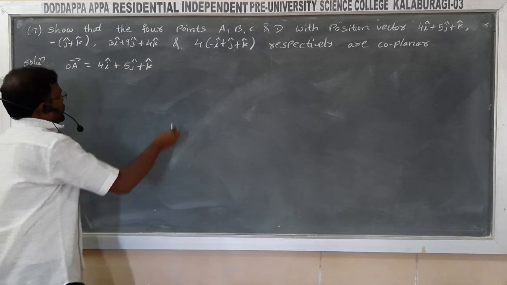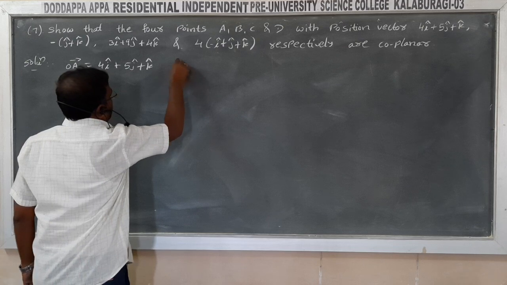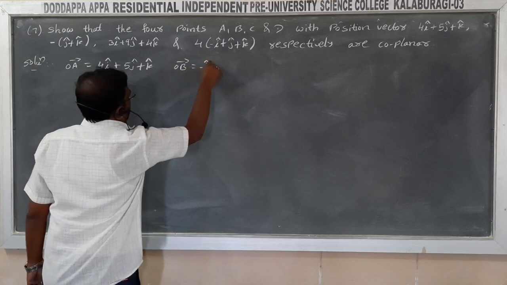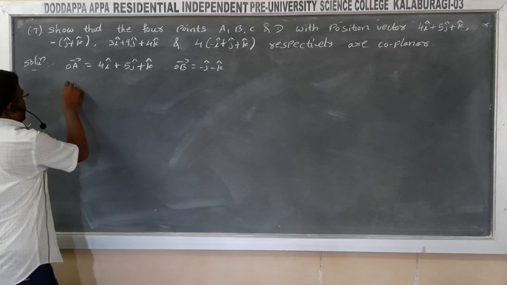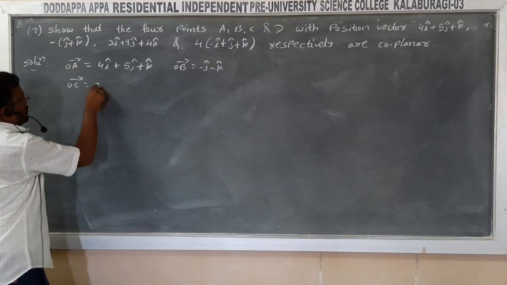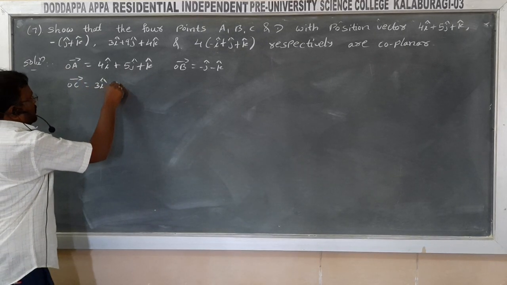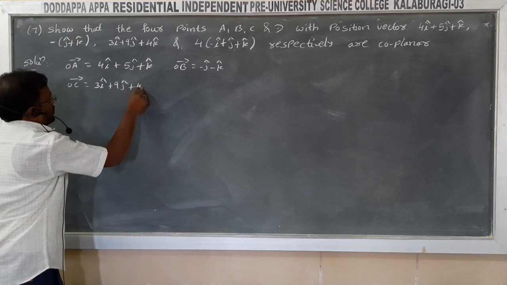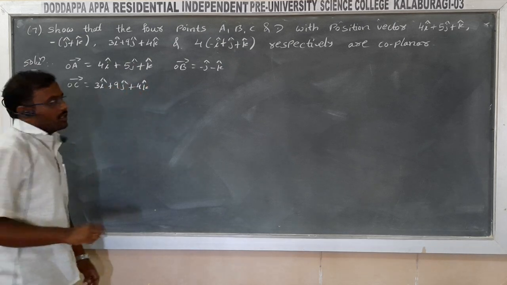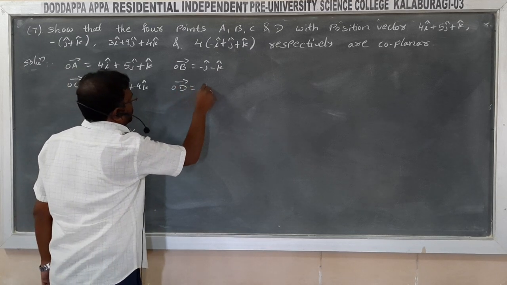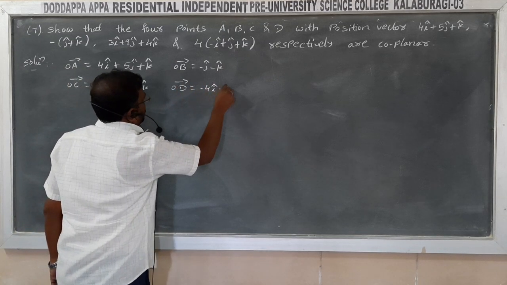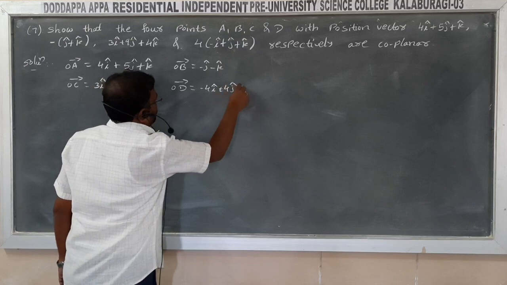Second one is considered as the OB vector. OB is equal to minus j minus k. Next, third one is considered as the OC vector, 3i plus 9j plus 4k. Next, fourth one, the OD vector, is considered as minus 4i plus 4j plus 4k.